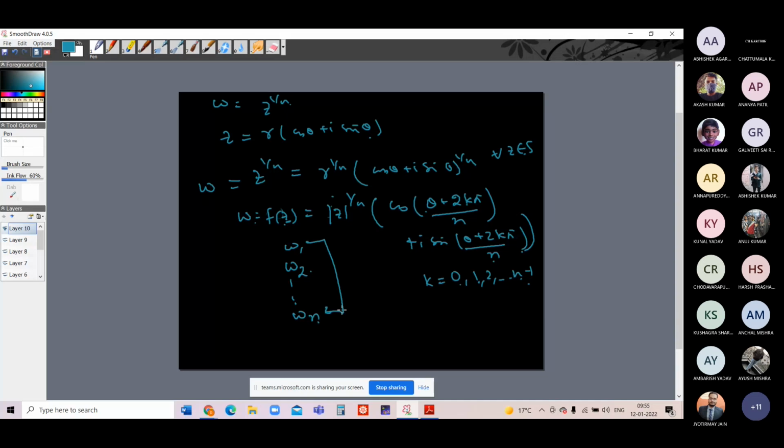So we get n values corresponding to each z in S. Here we do not get a unique value, we get multiple values. That's why it is called a multivalued function. Is it clear?